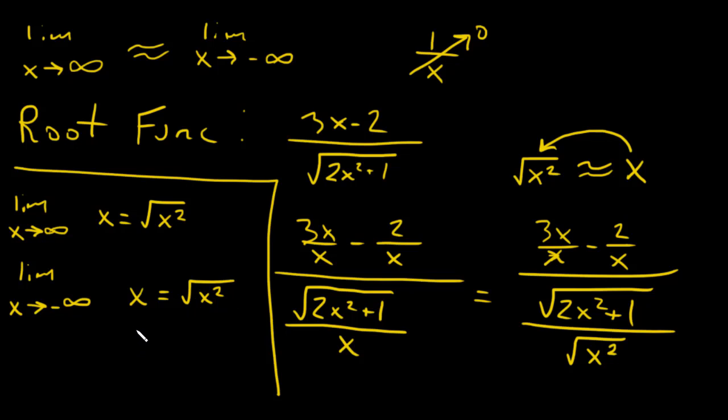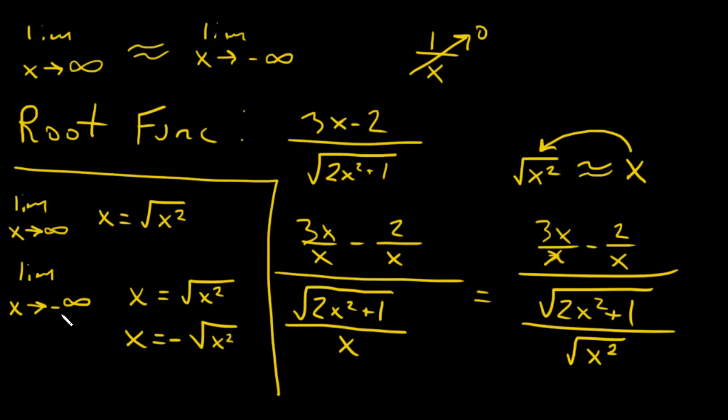So when I'm looking to do a substitution so that I can get a root of an x squared, so that I can make this one giant root and then be able to divide every term by the appropriate value, I need to change this substitution. If I'm looking for x going to negative infinity, I want to do a substitution of x equals negative root x squared.